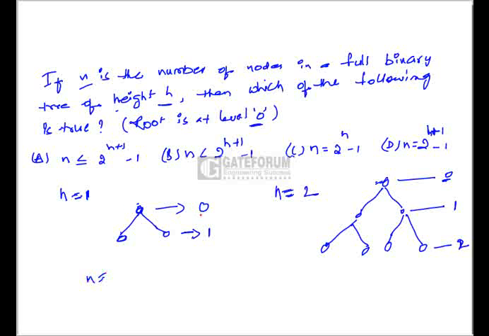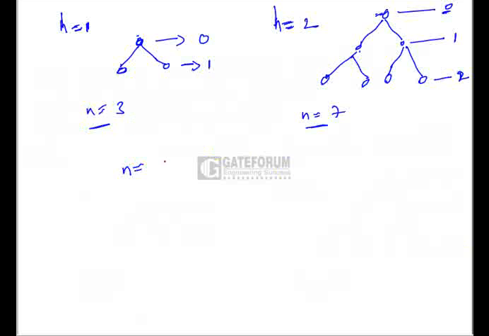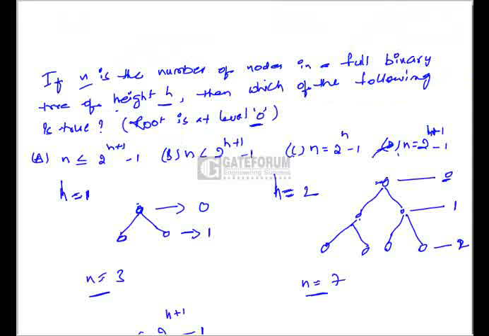In the first example the number of nodes is 3, and in the second example the number of nodes is 1, 2, 3, 4, 5, 6, 7. So the number of nodes is 7. If we generalize this, we would get n as 2 power h plus 1 minus 1. So the correct option is option D.